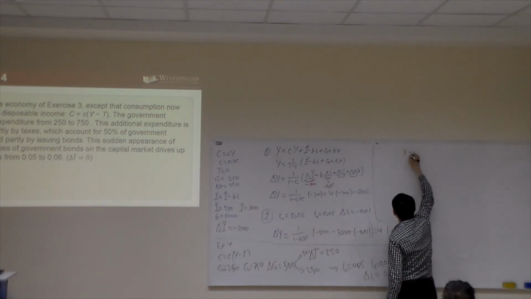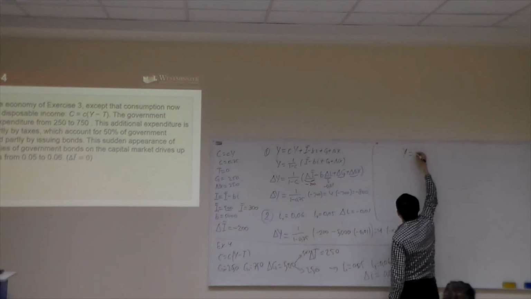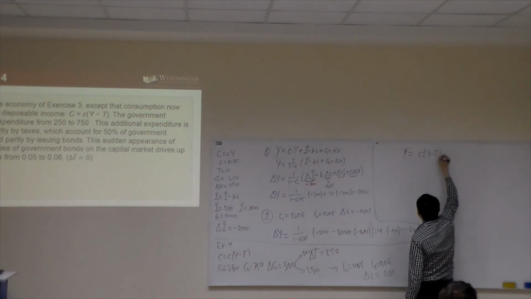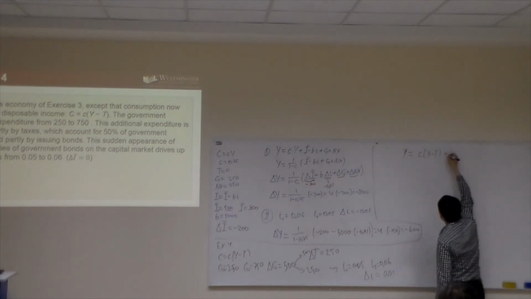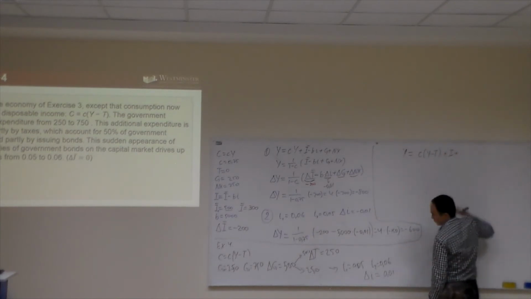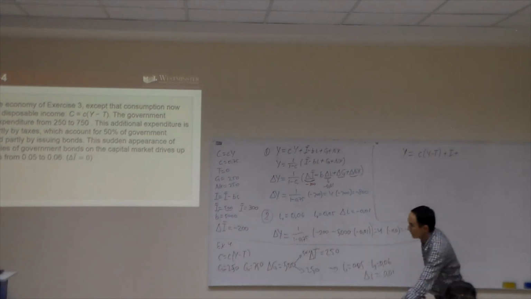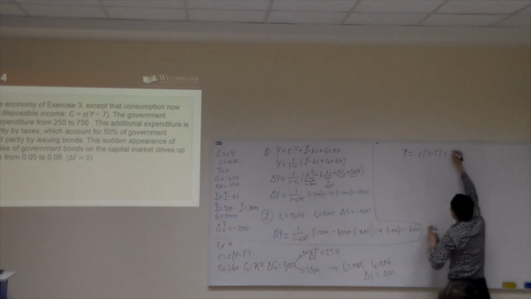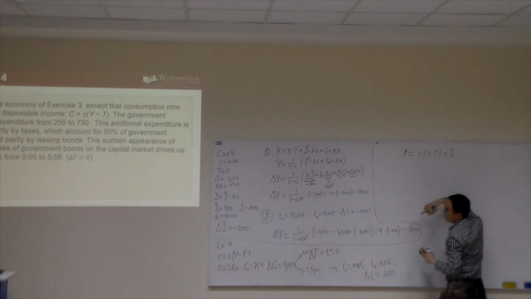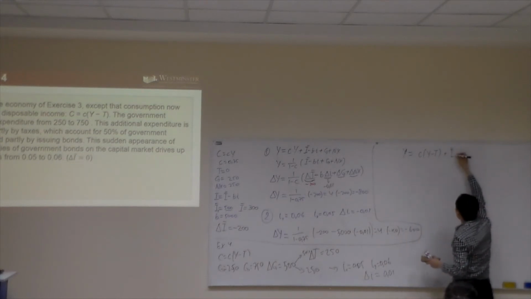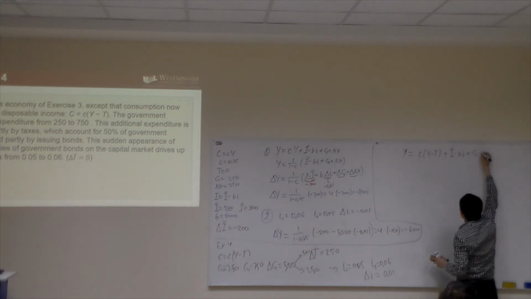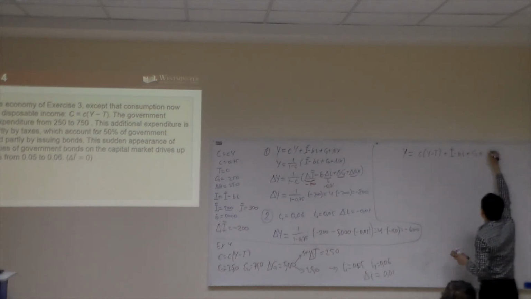Now let's write that aggregate expenditure function. So Y is equal to consumption, which depends on disposable income minus tax, plus investment, which depends on autonomous investment minus b times the interest rate, plus government spending plus net export.